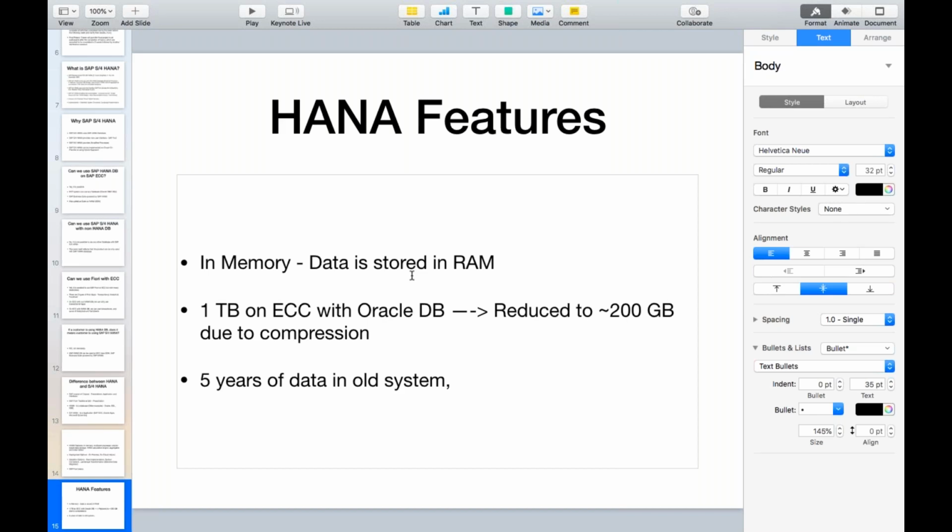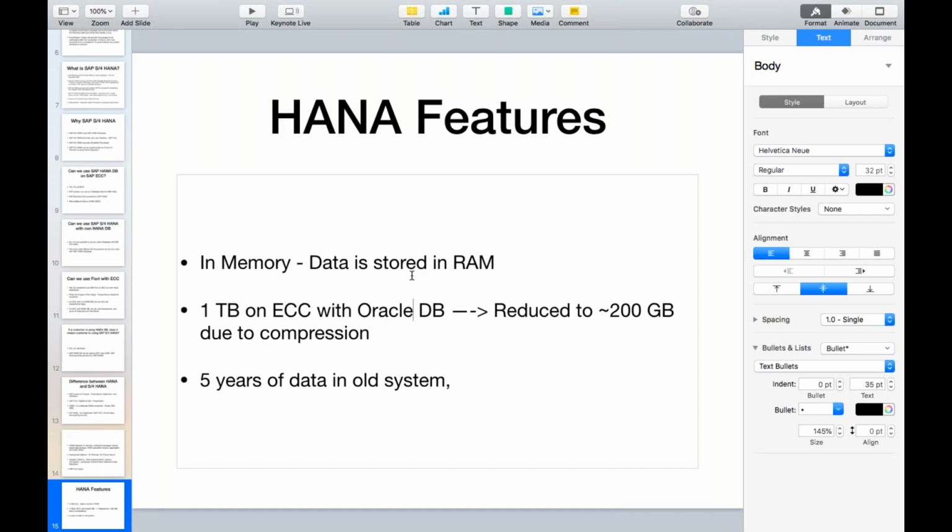So these 2 years, you want to keep the data in RAM because most of your reports will be generated on these last 2 years of data. If you keep these 2 years of data in RAM, your current year and previous year reporting, which are the most common reports you are going to generate in the system, will become faster.